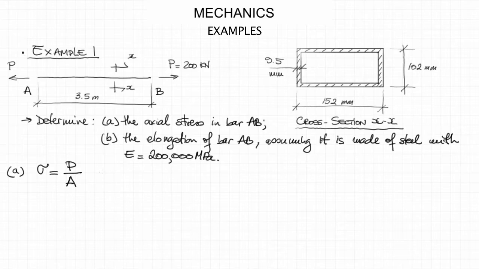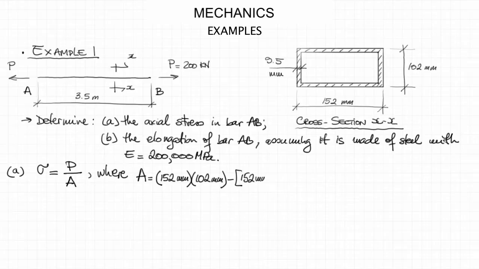So let's address the first question. We all remember that the axial stress equals the axial force divided by the cross-sectional area, so we need to determine the cross-sectional area, and we can do so in several ways.